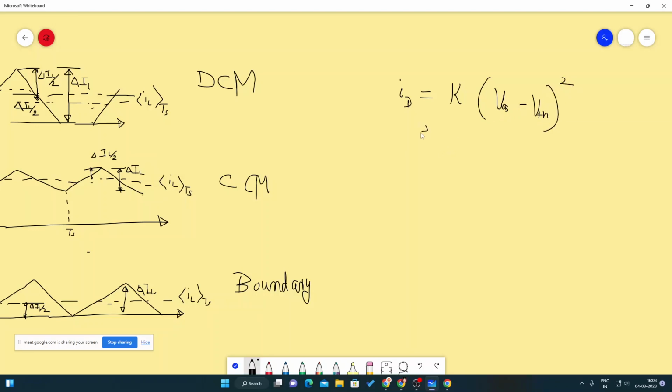Yes, sir, where K is C oxide, W by L. Okay, that I really don't remember right now, so you can find it in any analog electronics book, Sedra Smith or somewhere else. Any other doubt?